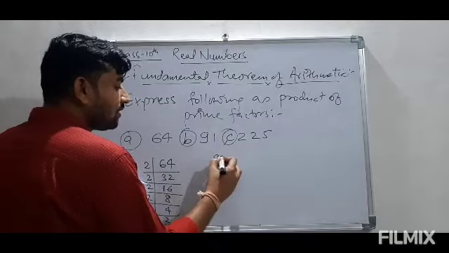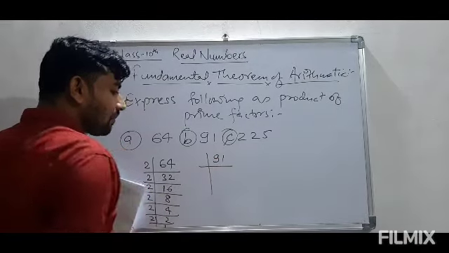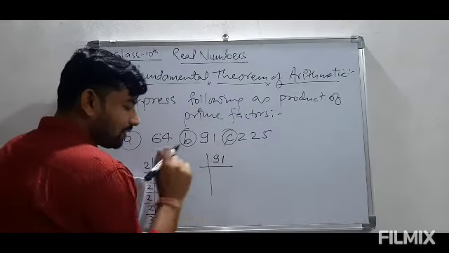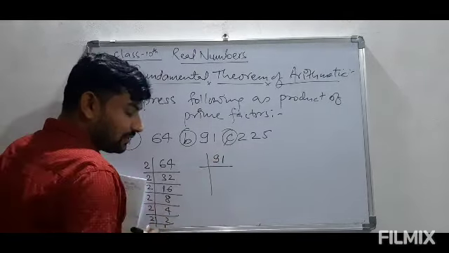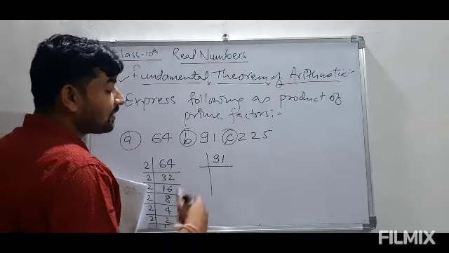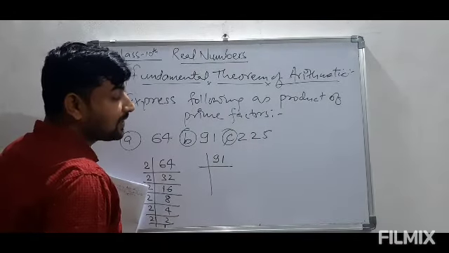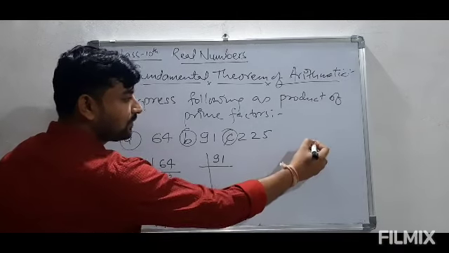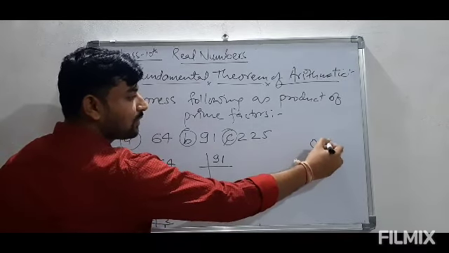Similarly we can find out the factors of 91. Here this is not even, so it can't be divided by 2. Then the sum 9 plus 1 is 10, so it can't be divided by 3 as well. Then comes 5. A number is divisible by 5 if its ones place is 0 or 5.